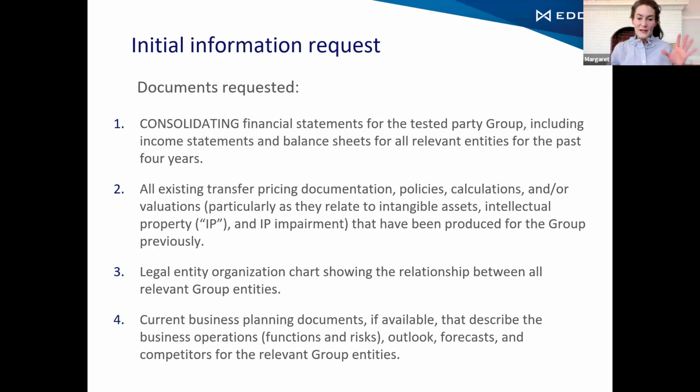And I was comparing mine with theirs. And these are the first 4 things that were listed on my information request anytime I started a new project with a client. Even if it was a client that I had been doing their transfer pricing for years, I would still send them this every year at the beginning of our conversations to update their documentation.